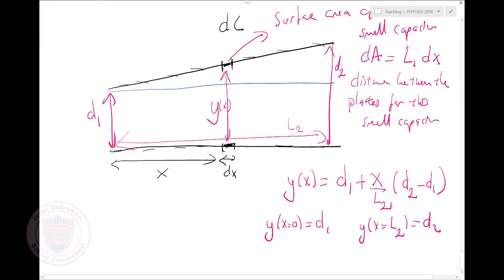The distance here is d2 minus d1. So the distance here must be d2 minus d1 times x divided by L2. So the full distance y of x would be d1 plus d2 minus d1 times x over L2. I think it's the same formula. Okay?